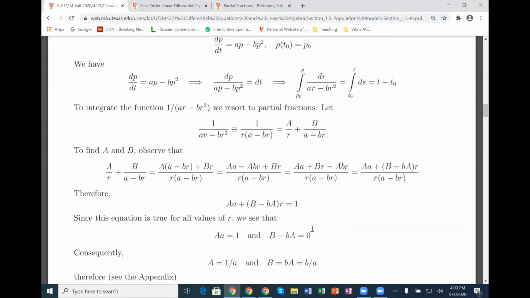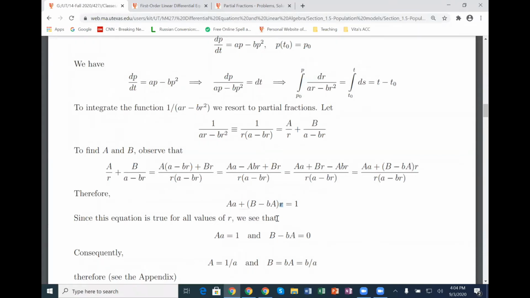Next question is, for which capital A and capital B is the left-hand side identically equal to 1? Note that if B minus BA is equal to 0, and this is equal to 1, on the left-hand side we get 1 plus 0 times r, and 1 plus 0 times r is 1.